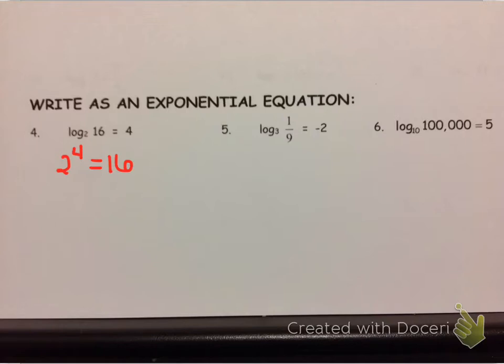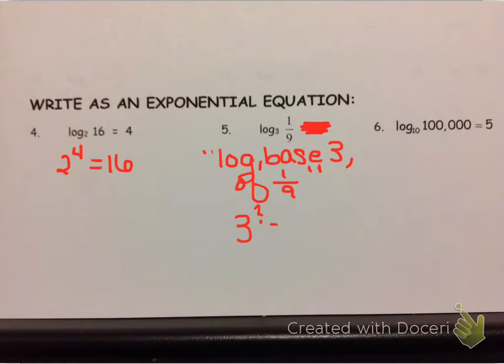So number 5, the way we would read this is log base 3 of 1/9. That's how we read it. And it's asking you, if I give you a problem that looks like this on the quiz next week, 3 to what power is 1/9?